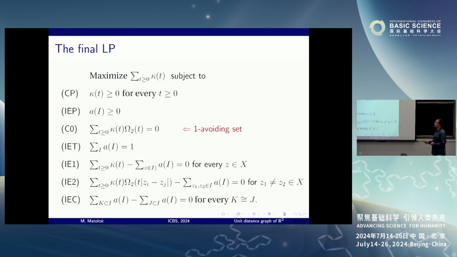First of all, the Fourier non-negativity constraints, that the kappa variables are non-negative. We have the atomic non-negativity constraints. We saw this. We have that it's one-avoiding, so this left-hand side is exactly your function value at 1. f(1) equals 0. This is just what I mentioned a minute ago. Then you have that the atomic variables sum up to 1. This we had before. Then you have these constraints, which are crucial because you want connections between the kappa variables and the atomic variables.